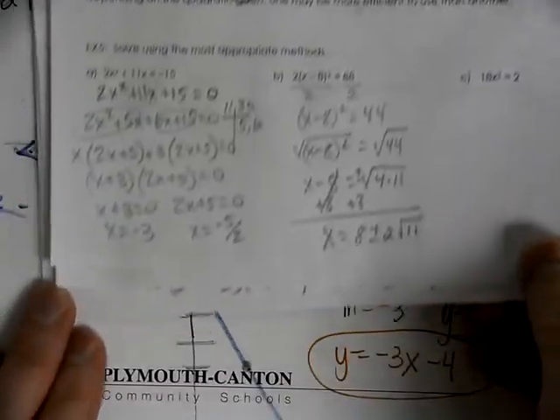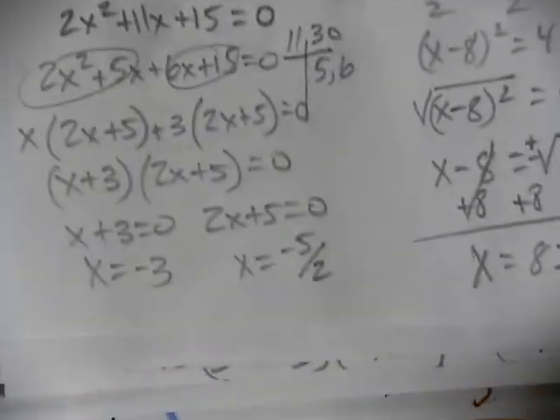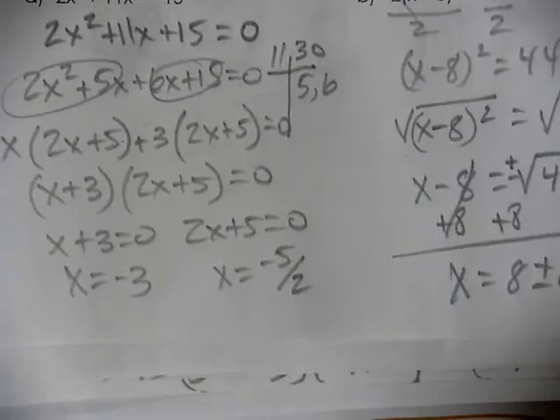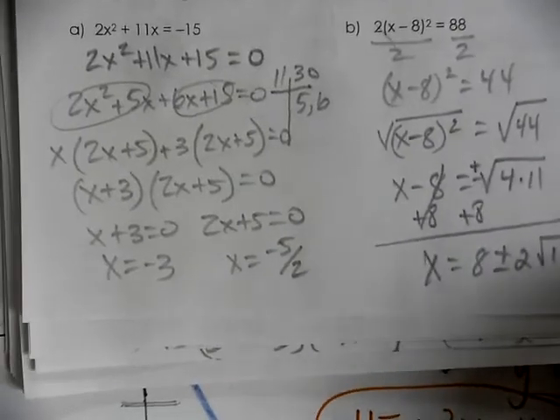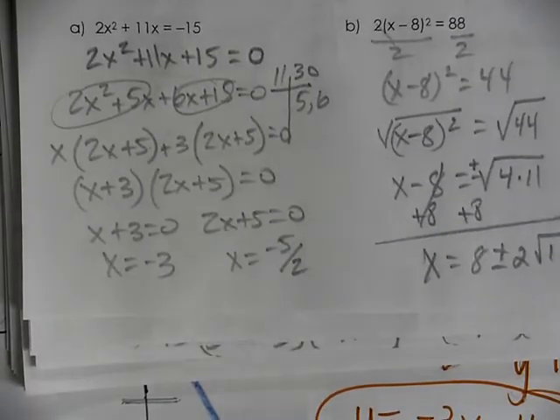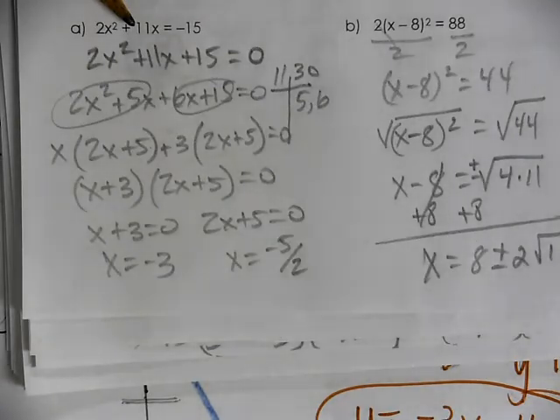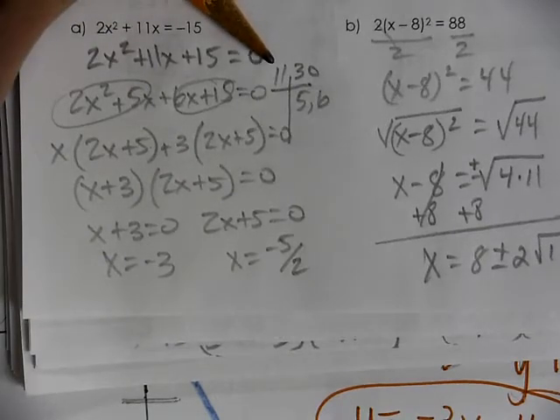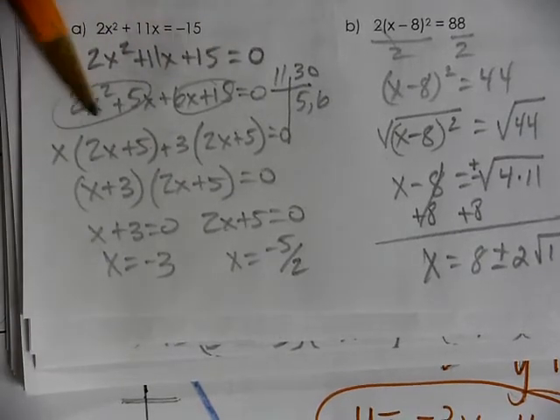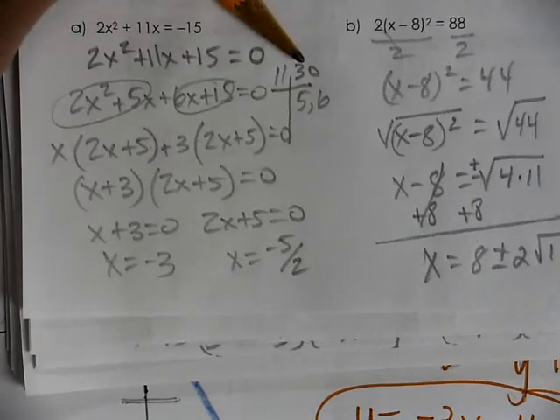So here I've worked through these two problems. You can take a look here on this first one. Notice that this first one has a b term. Because it has a b term, I have to move the 15 over to the same side of the equal sign. Then I can factor it apart. This has an a value, so I needed to make my table. A times c, 2 times 15 makes 30.